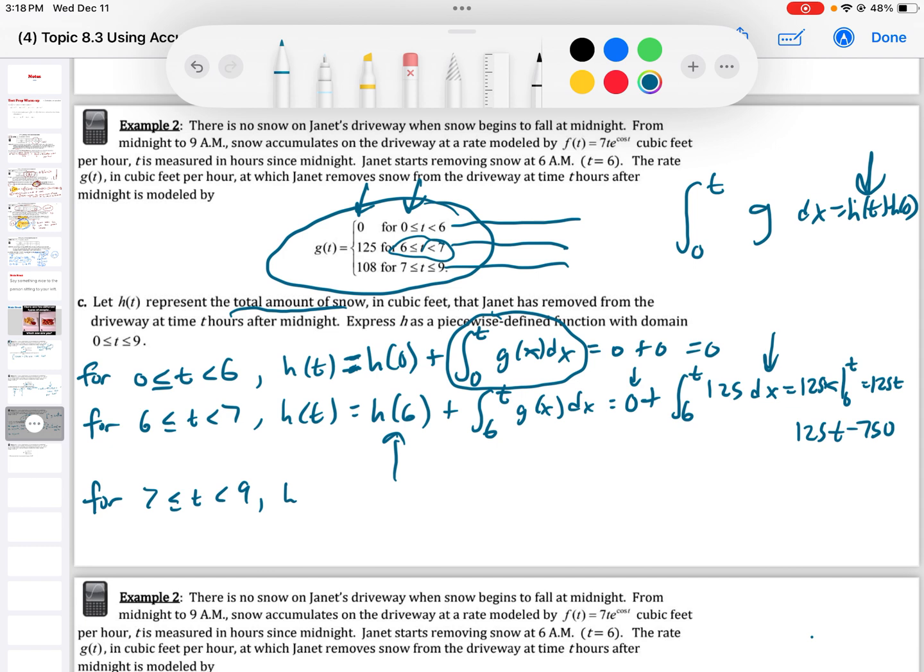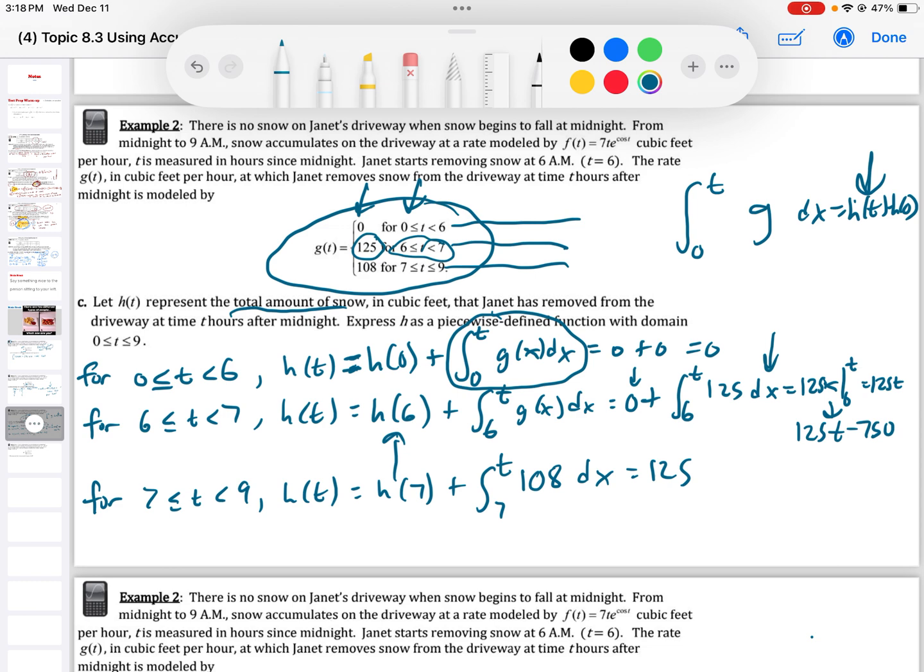All right, so for t between 7 and 9, h of t would be equal to h of 7, the lower one, plus the integral from 7 to t of g of x. Well, I'm going to say 108 dx, and that's equal to h of 7. The total amount she's removed would be 125, right? She's removed that at that rate for 1 hour, so it's exactly 125.